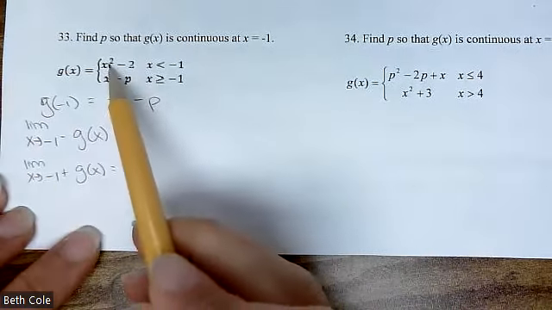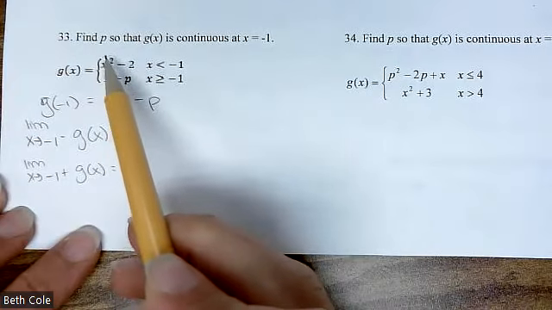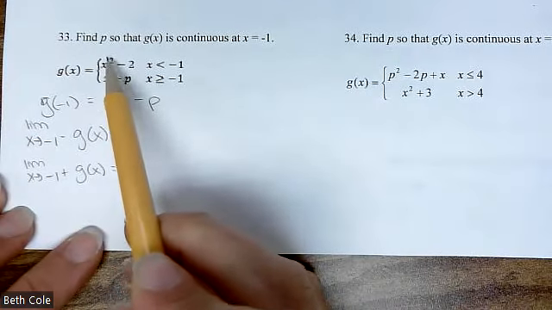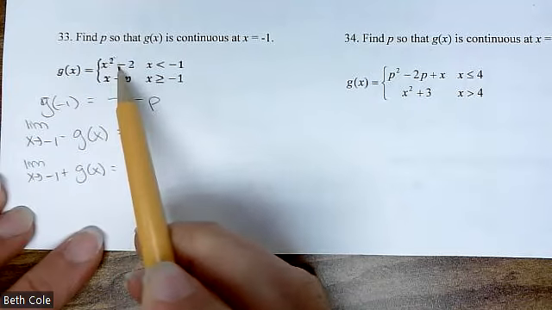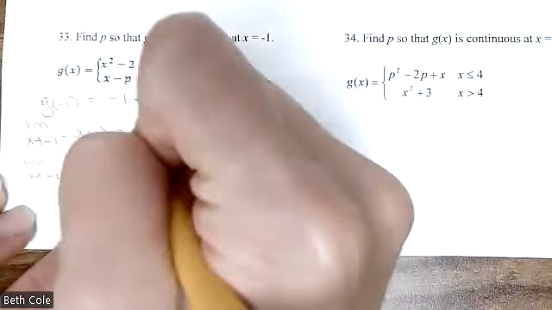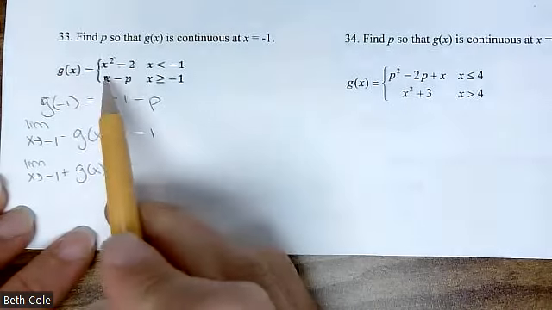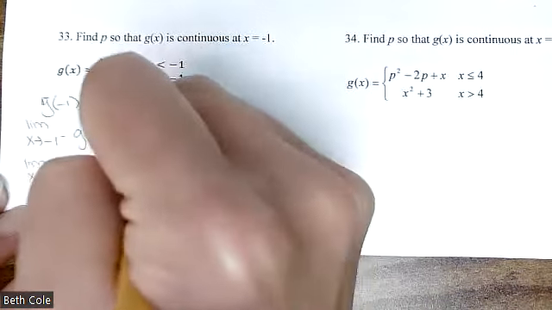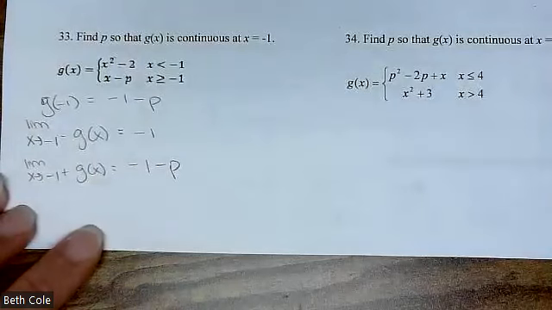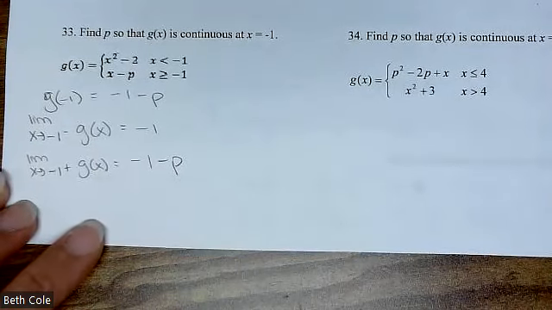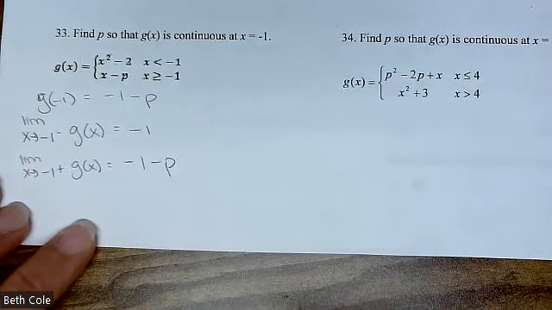So you're going to plug -1 into the first one. -1 squared is 1, minus 2 is -1. And if you plug -1 into the second piece of the function, you again get -1 minus p. They want to see all that, but really all you have to do is set them equal.